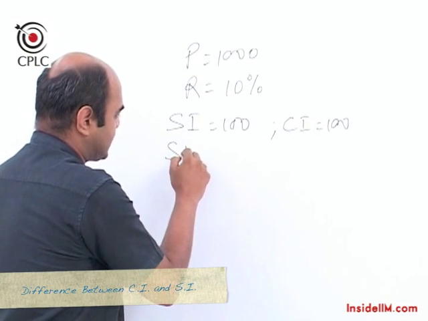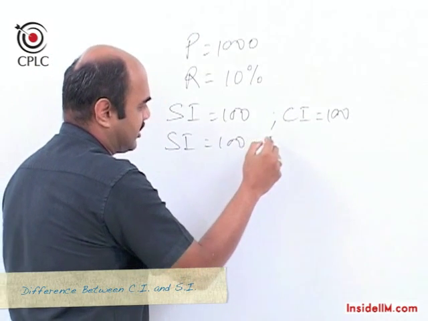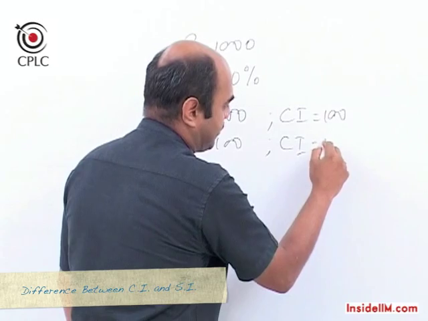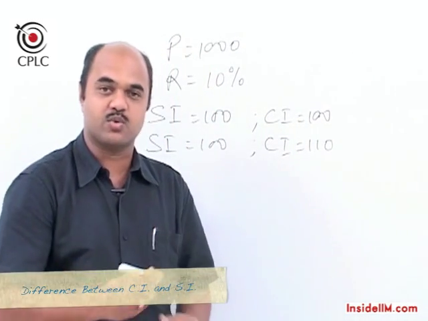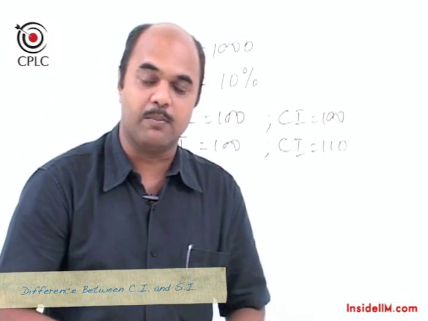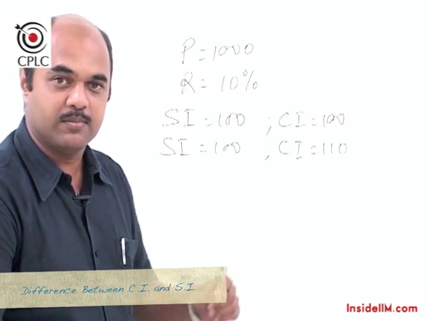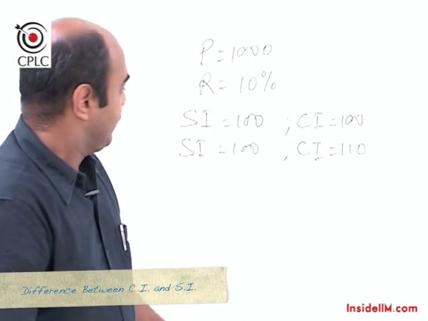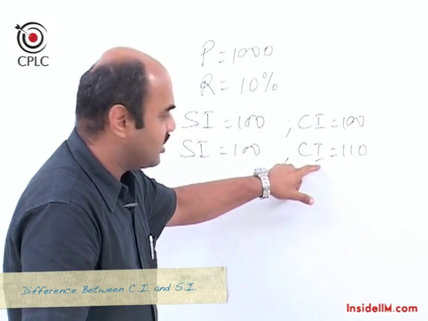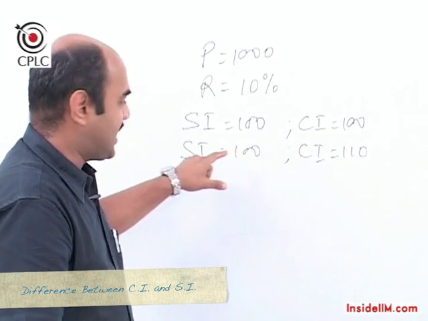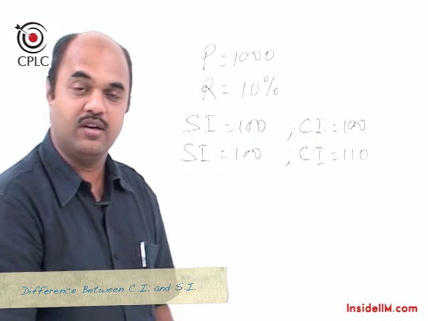When we moved on to the second year, we saw that the simple interest was still 100, but the compound interest was 110. So this is where the difference between compound interest and simple interest comes up in the first 2 years. Now, why is there a difference between the compound interest and the simple interest in the second year?